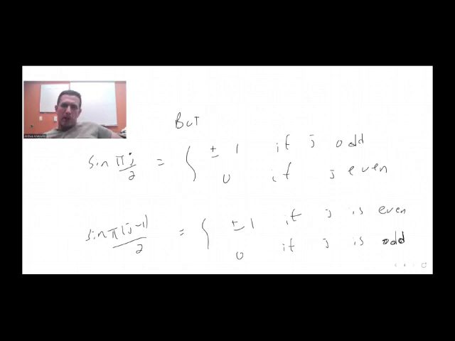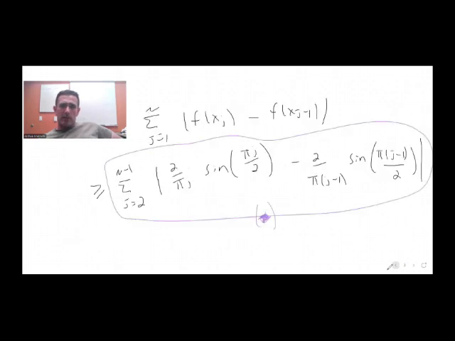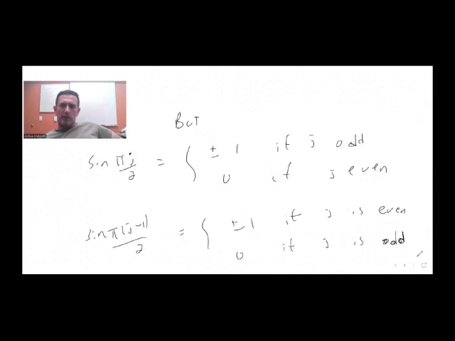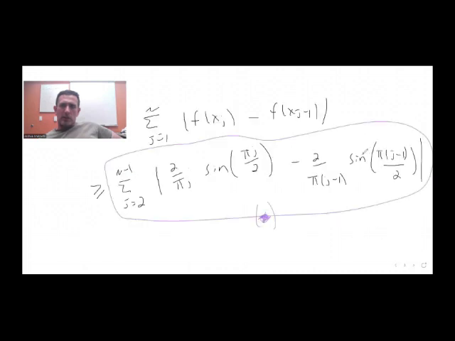So what's the point here? If j is odd, then this is 1 and this is 0. If j is even, then this is 1 and this is 0.